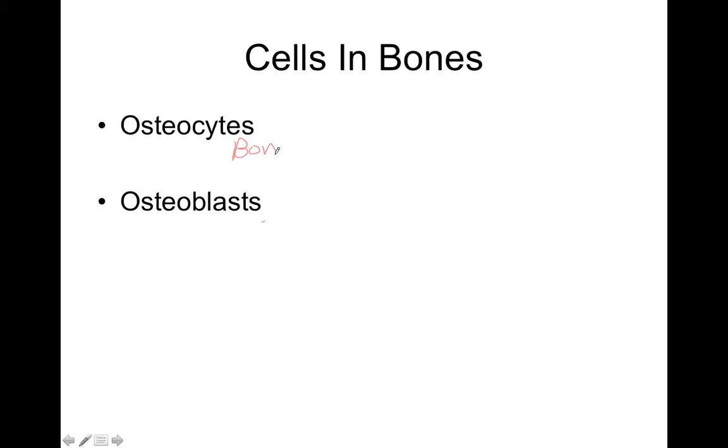Okay, so these are bone cells. Remember from our tissue unit that bones are connective tissue, and so you're going to have a living cell and then the non-living matrix around it.